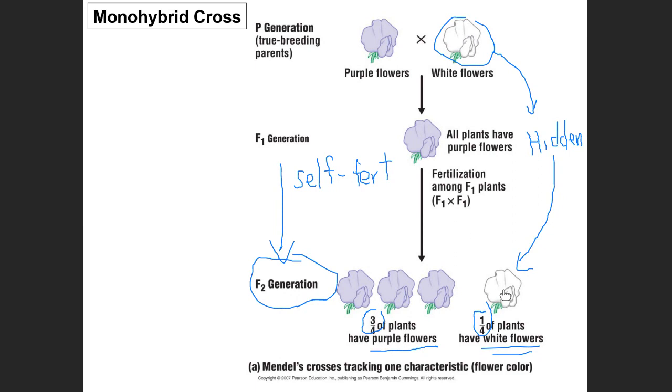Well, a lot of students will say, what's the big deal? It's plant flower color. Well, it can have a negative spin to it. Cystic fibrosis is what is referred to as a recessive genetic disorder. You could be carrying the genetic information for it and not even know it because it's hidden. Sickle cell disease, the person that has sickle cell disease has to inherit 2 mutated recessive alleles.